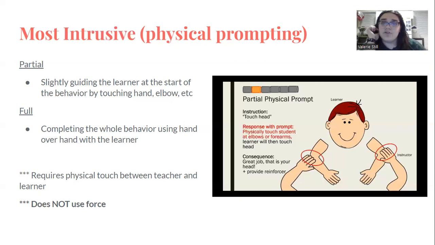In this example to the right, I have the instruction of touch head. And here the staff or teacher is touching the child's elbows to give them that partial physical prompt to help them complete the behavior of touching their head.